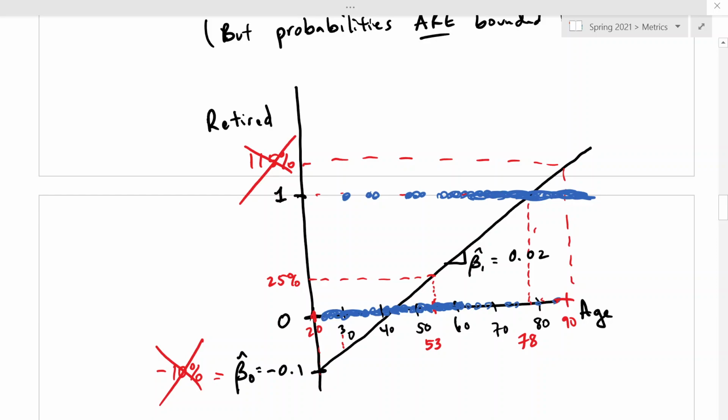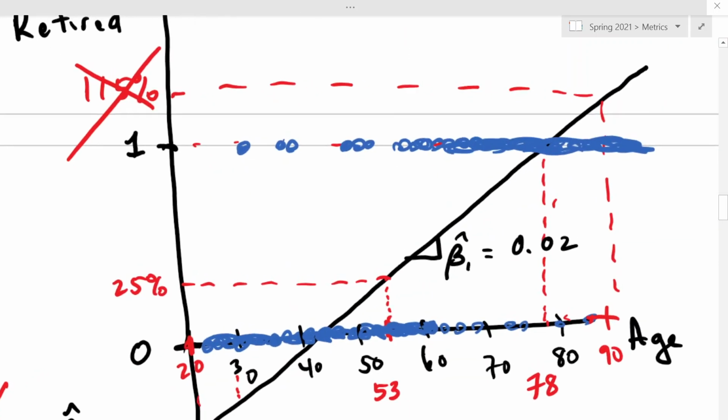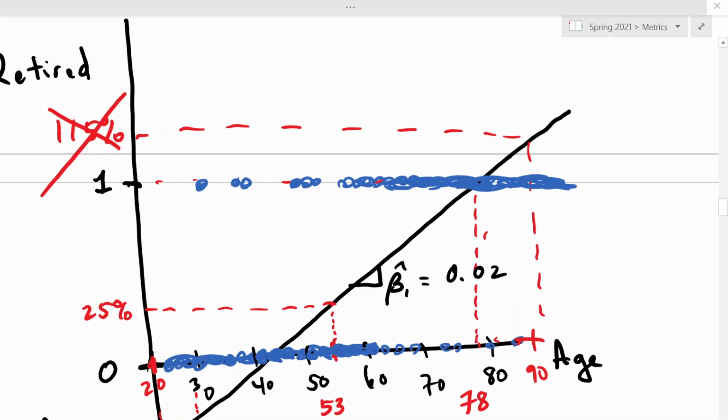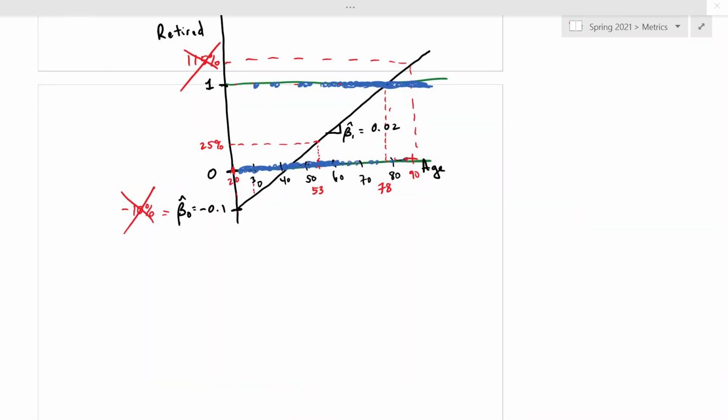So this is demonstrating this unboundedness problem. Theoretically, these probabilities should be completely bounded between 0 and 1. And the linear probability model is just not going to do that for us. So, that's not mathematically possible.